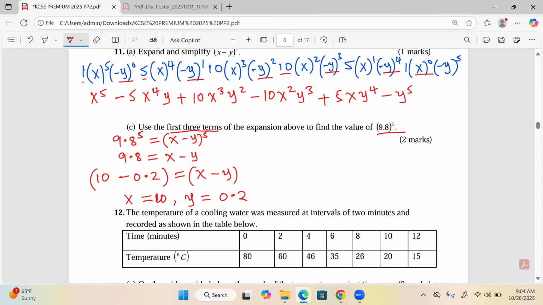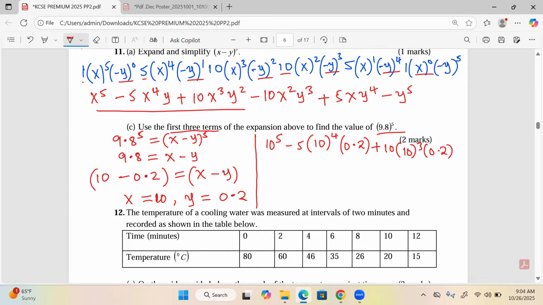Then with that now, we can just substitute. So x is 10 power 5. I'm substituting in the first 3 terms. Minus 5, 10 power 4, and 0.2, then plus 10, 10 power 3, and 0.2 squared, like that.